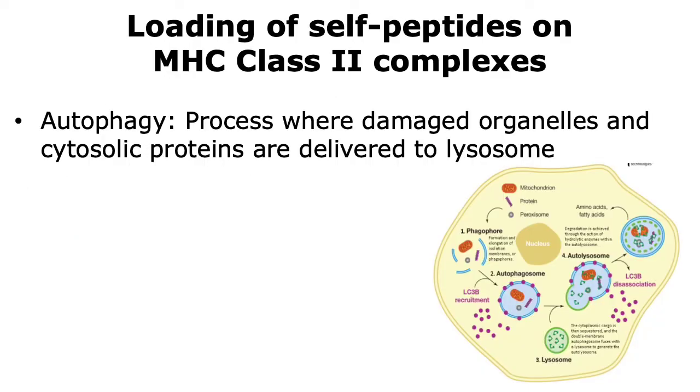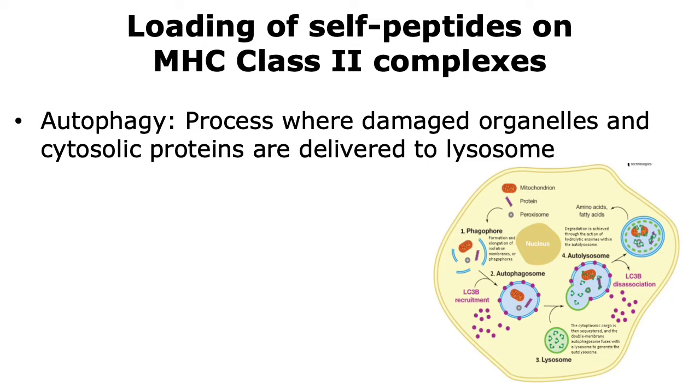Not only are extracellular pathogens or pathogen components internalized and digested by antigen-presenting cells, damaged cell organelles as well as cytosolic proteins can also be delivered to the lysosome in the antigen-presenting cells.